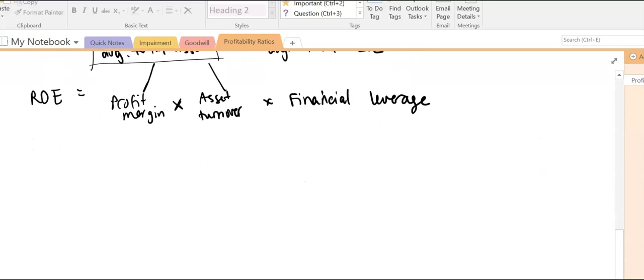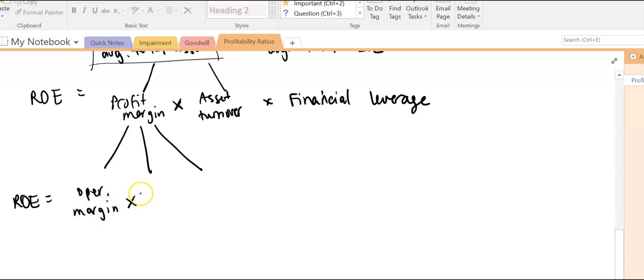But we don't have to stop there. We can look at profit margin in its 3 components to understand more about how the company is performing, the drivers of performance. Profit margin can be looked at as operating margin multiplied by the interest burden. I like to think of this more as an interest shield than an interest burden.